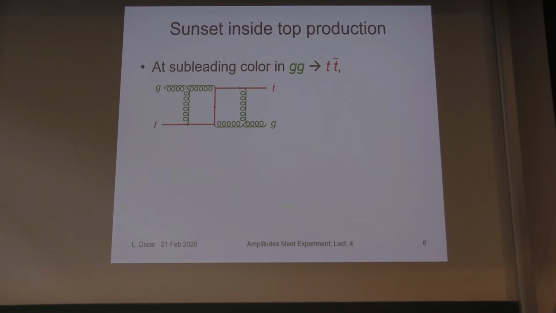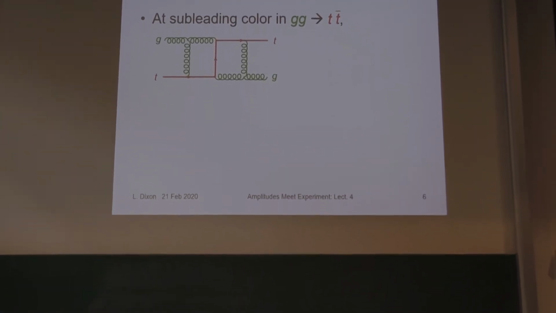Remember, in the generic integration by parts, you will have propagators here, these 7 propagators raised to different integer powers. The general structure of the integration by parts identities is to move you around in the space of the integers ni that Eric was describing. So you have these inverse propagators to the ni.